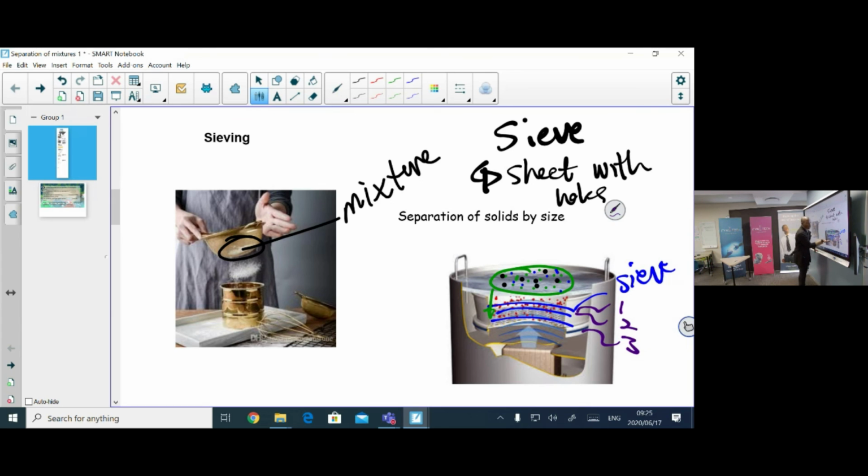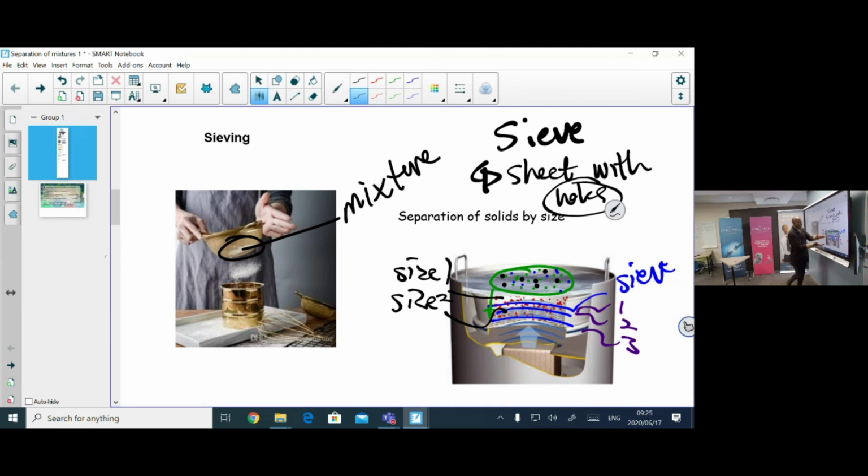And each one will allow particles of a particular size to pass through it, holding up certain others of a different size. Meaning in layer 1, you'd be having size 1. In layer 2, you'd be having size 2, depending on the size of your sieve.